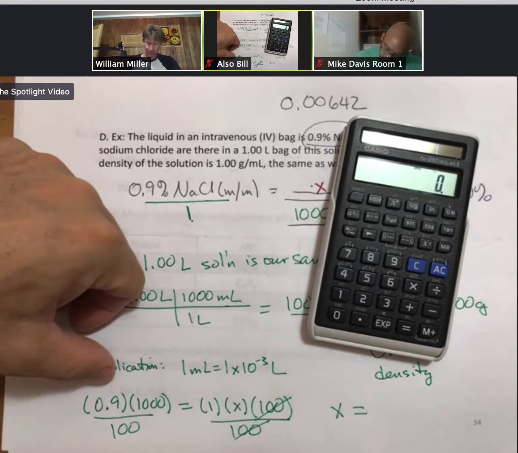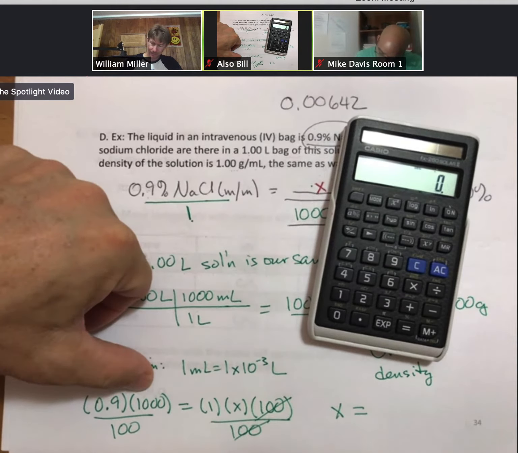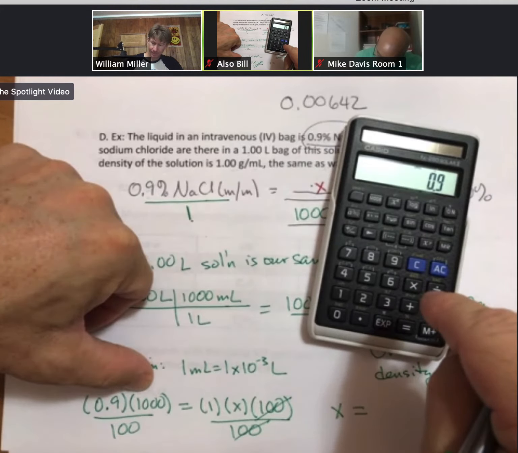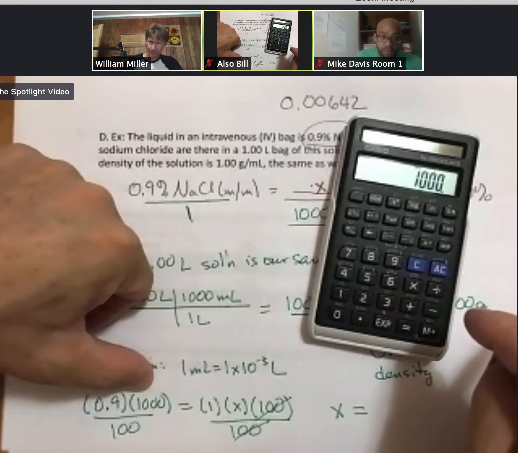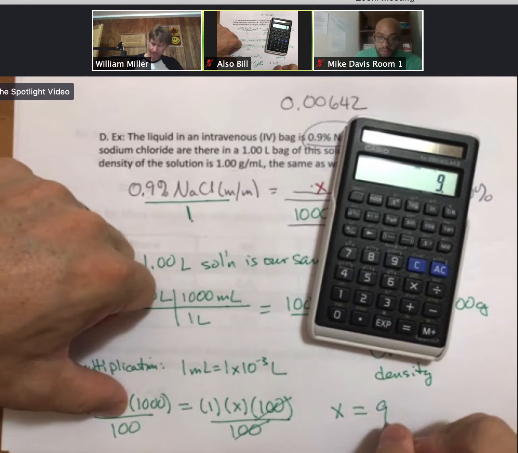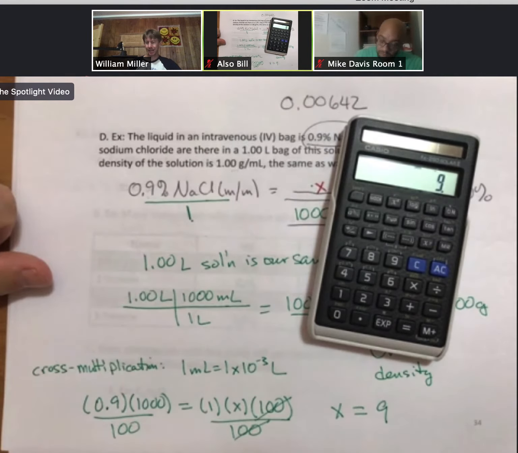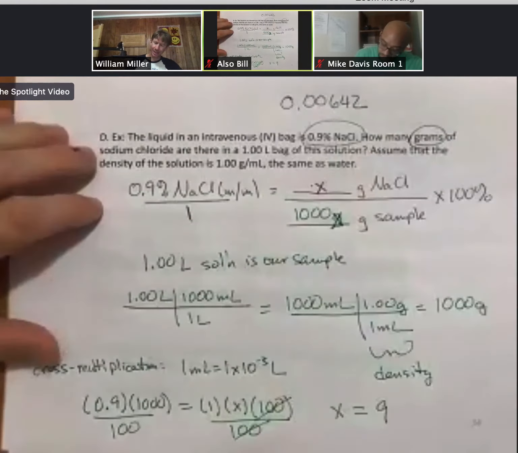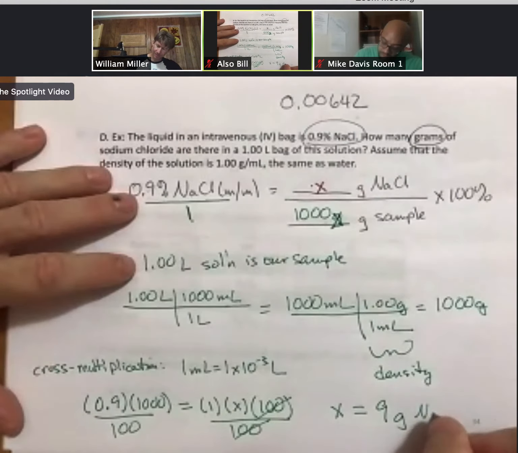So your answer is 0.9 times 1,000 divided by 100. So I get x equals 9, and that 9 is grams of sodium chloride.